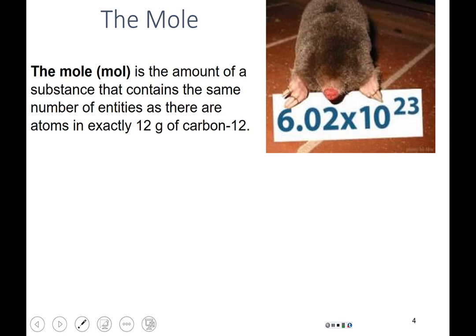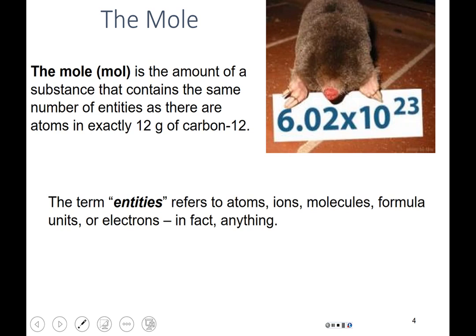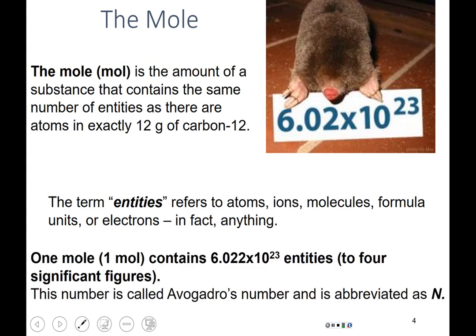That's also known as Avogadro's number. And again, a mole is simply a quantity of something. It can be anything. We use the term entities, and typically in this class, we're talking about atoms or molecules for the most part. And to 4 sig figs, it's 6.022 times 10 to the 23rd.